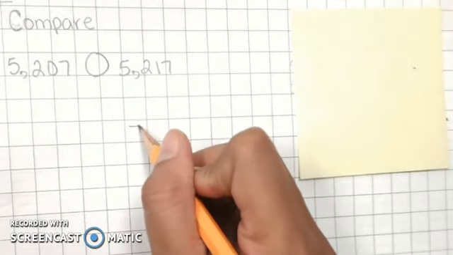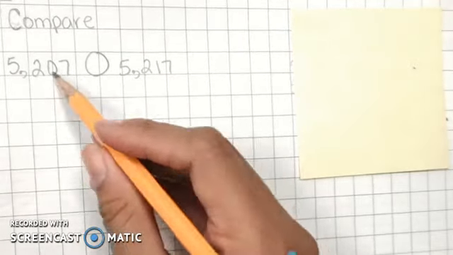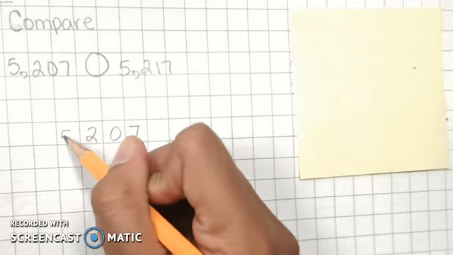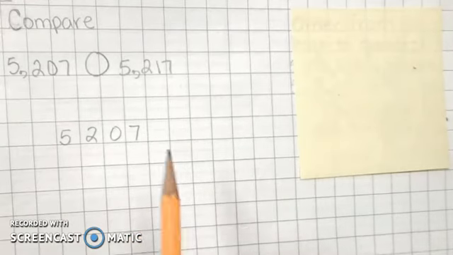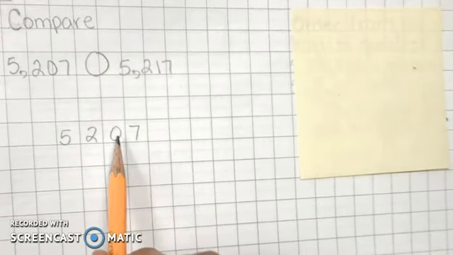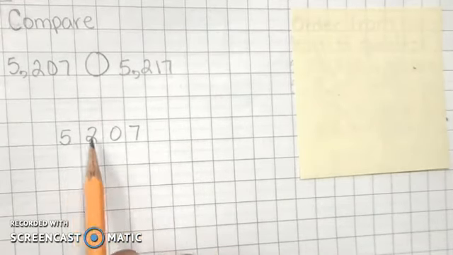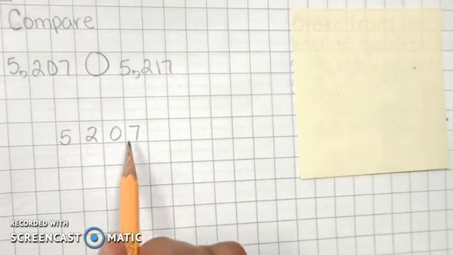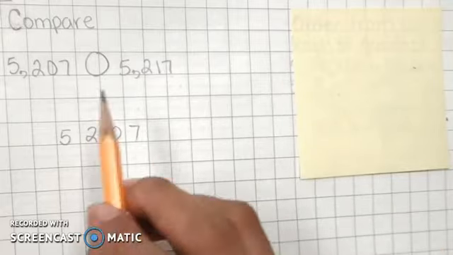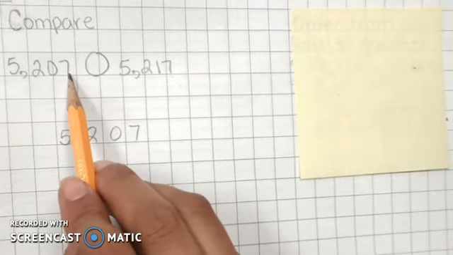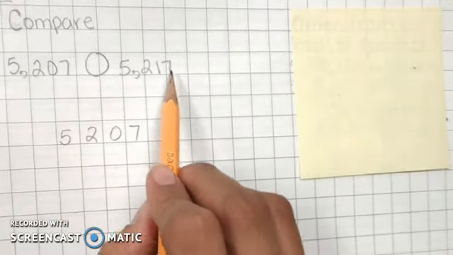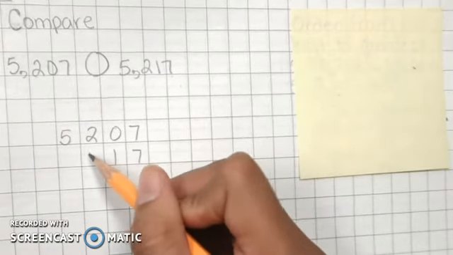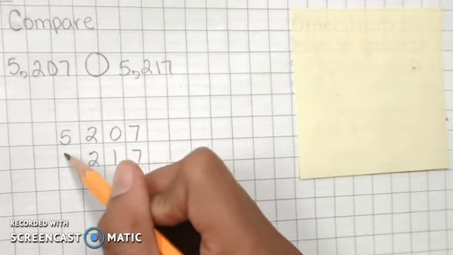I'm going to copy the digits 7, 0, 2, 5. And notice how I am leaving space in between my digits so that I can write in them later. So when you write it down, I want you to leave space in between your digits. Okay, now since I started from the back here, I'm going to start from the back with this number as well. And I'm going to write down the digits 7, 1, 2, 5.